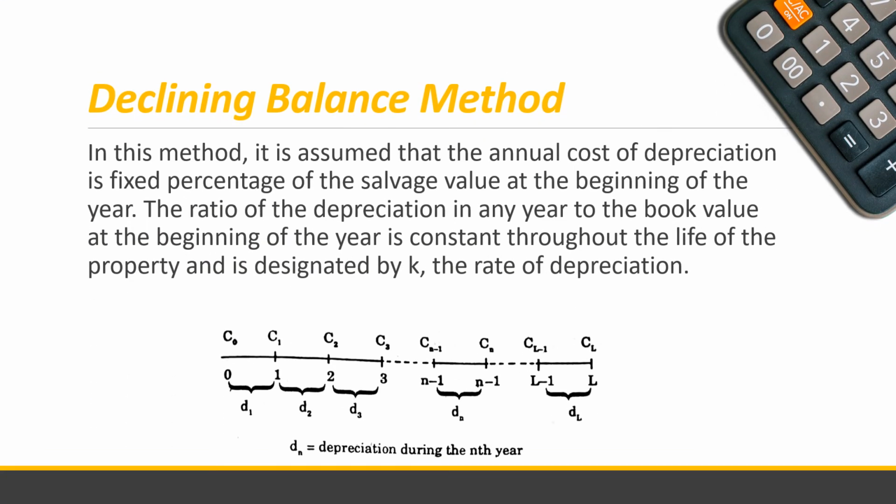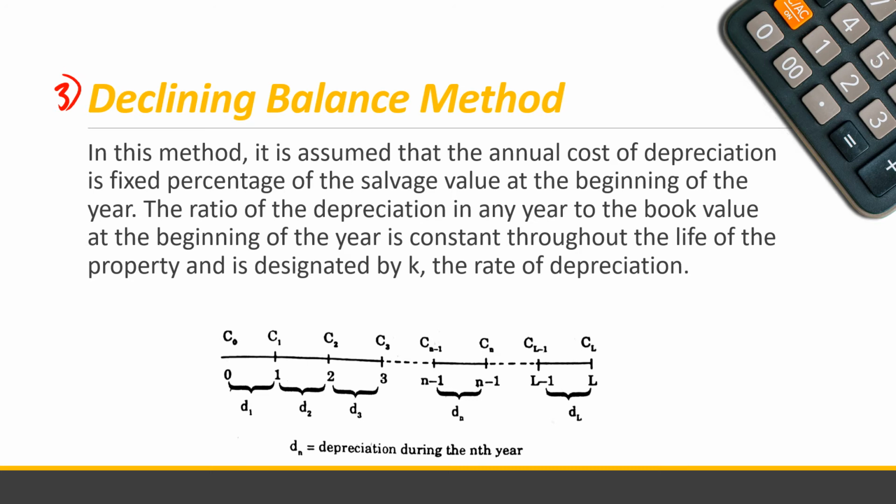Okay, so next is the declining balance method. So in this method, it is assumed that the annual cost of depreciation is a fixed percentage of the salvage value at the beginning of the year.